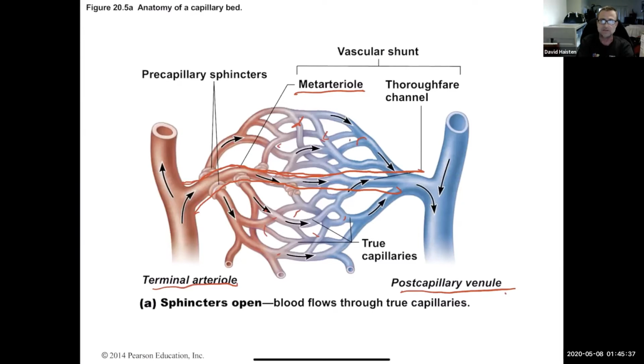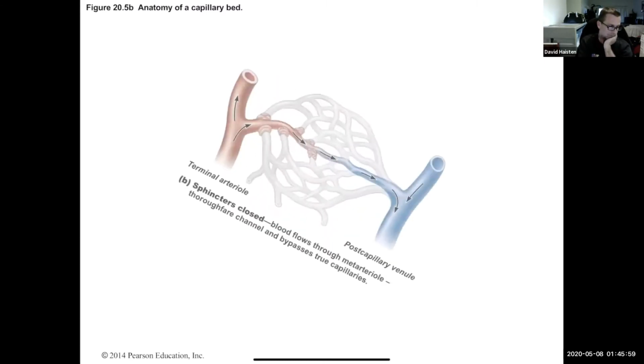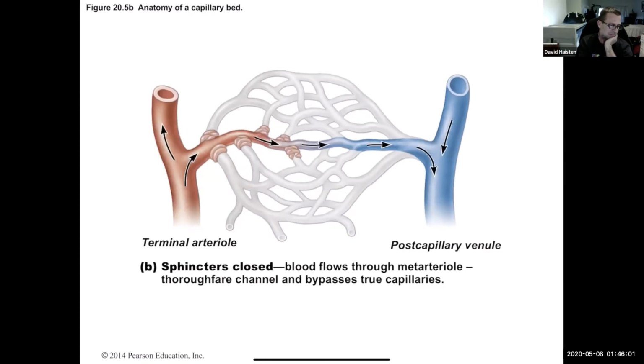So there's these sphincters, little precapillary sphincters blocking blood flow into the capillary network. So when the sphincters are open, the blood flows throughout the network. Now when these sphincters contract, blood moves just through the metarteriole, and that's it.